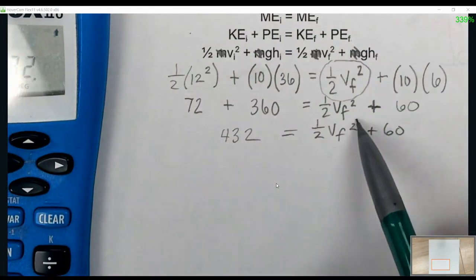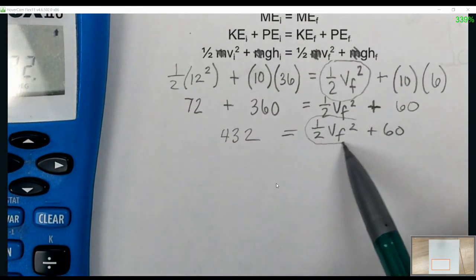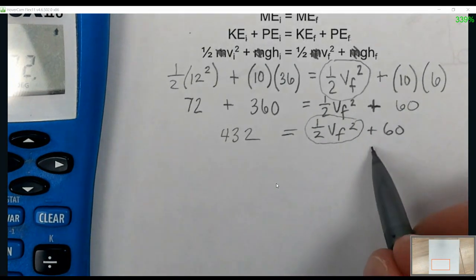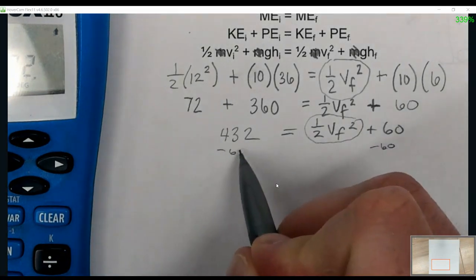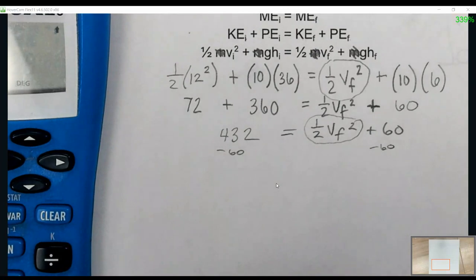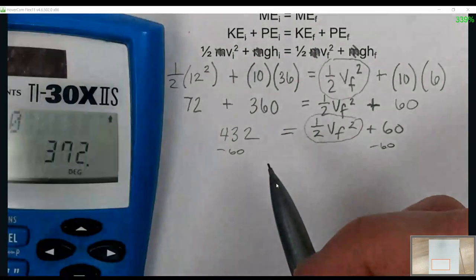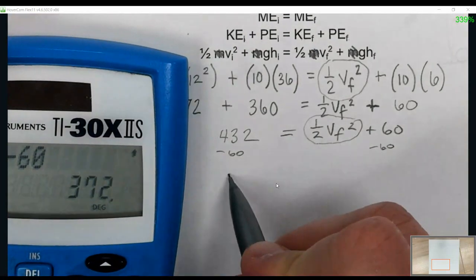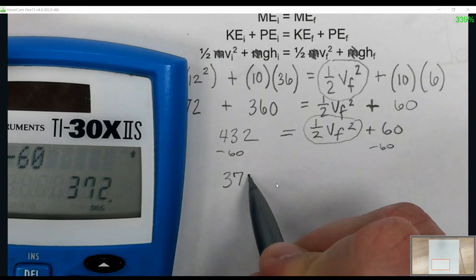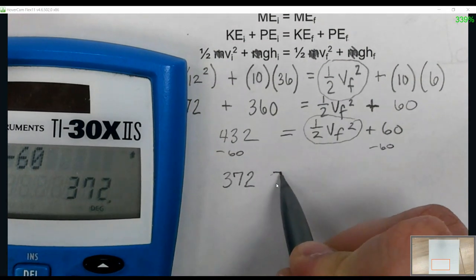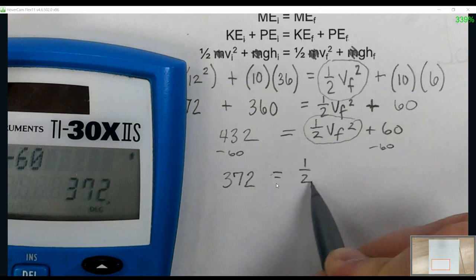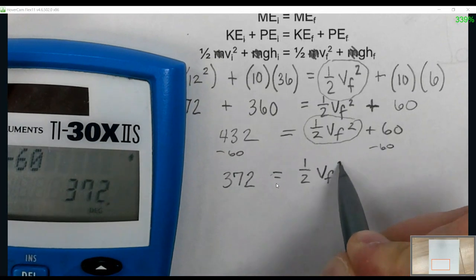Now we need to get this by itself, so you have to subtract 60 from both sides, minus 60, minus 60. And that's going to leave you here with 372 on the left equals 1/2 VF squared.